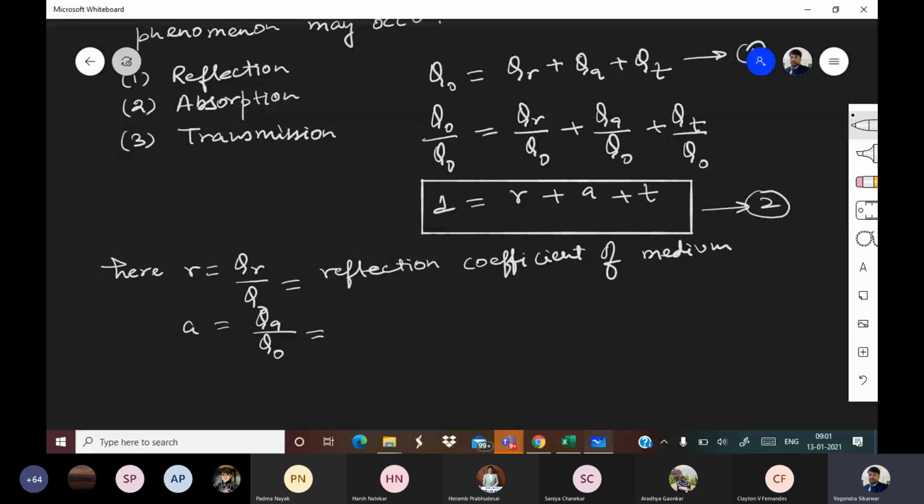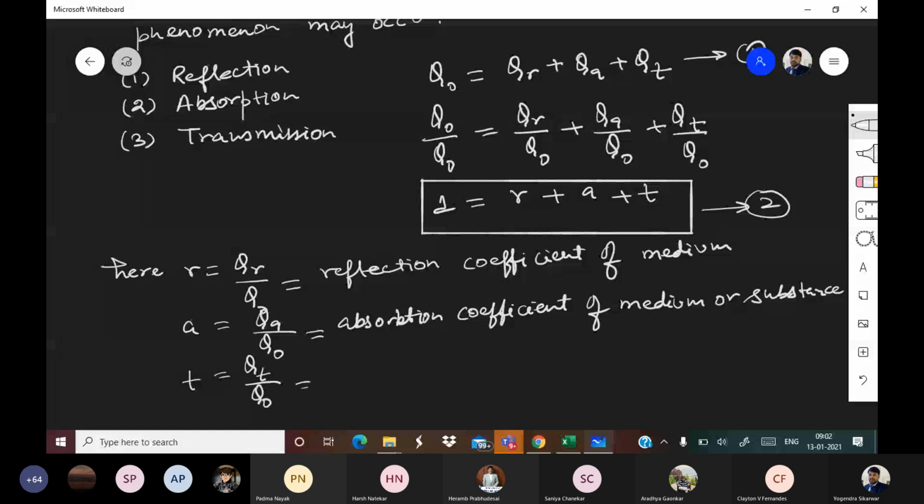A is equal to QA upon Q naught, that is the absorption coefficient. T is QT upon Q naught, and that is the transmission coefficient of the medium.